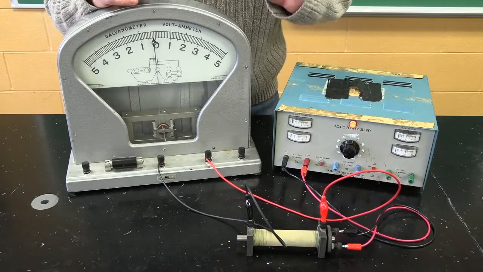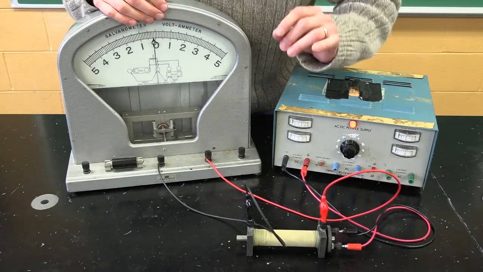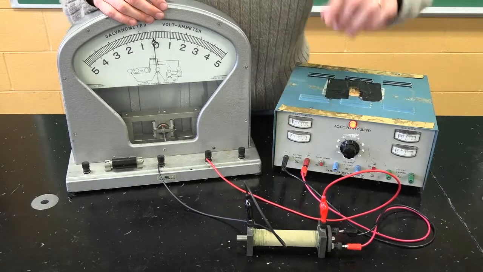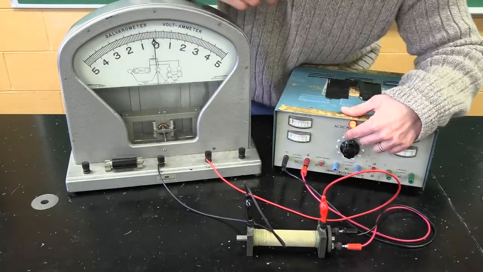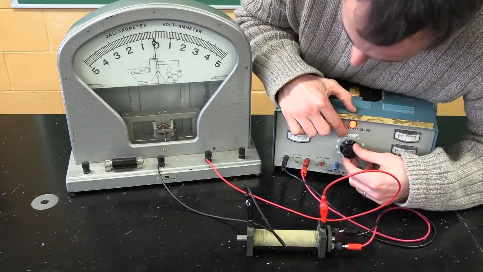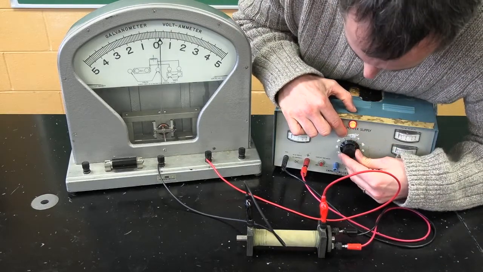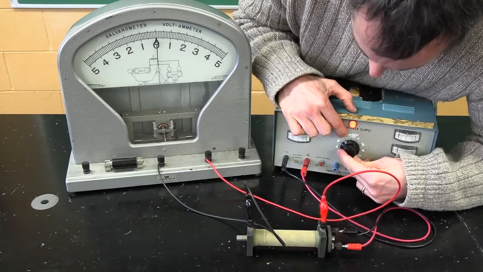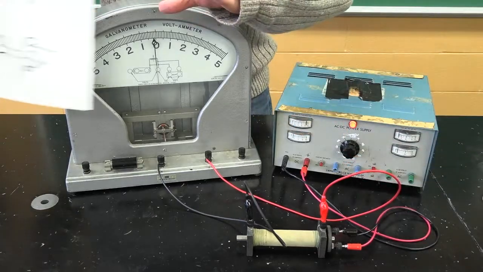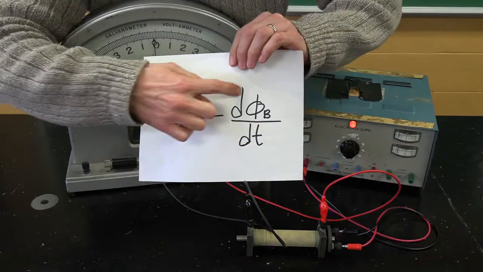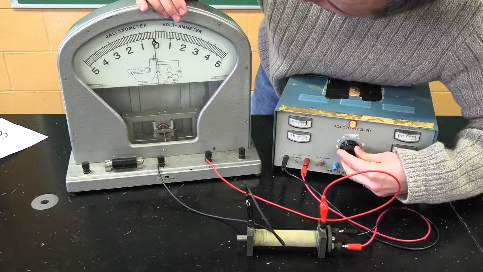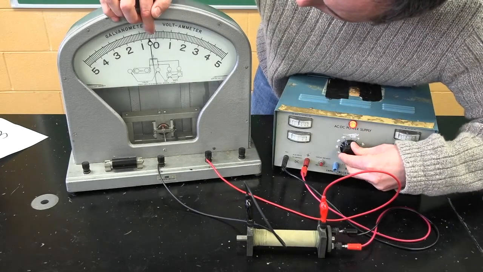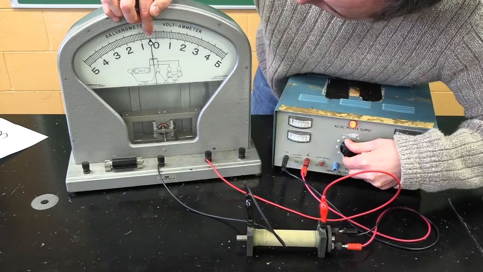So that's yet another demonstration of Faraday's law and Lenz's law. Also, if I turn this dial in this region, but I do it very slowly, I don't get much deflection because the faster I make the change, the more voltage I get. So I go down slowly, and you see a very small voltage produced.